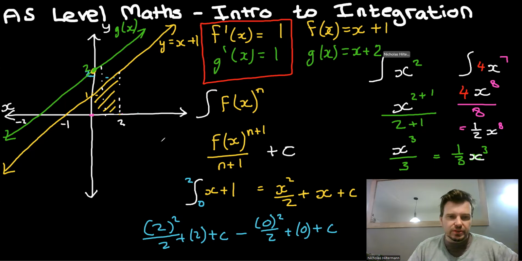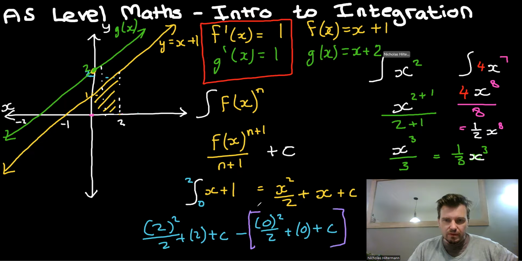Now, the beauty of this is that, the one in purple is the 0 bit, so I'll do that, the 0. And then the one in green here, so 2 here, that's 2.